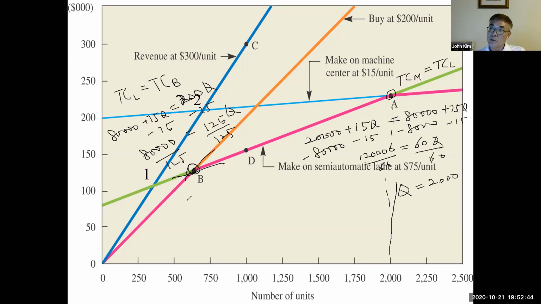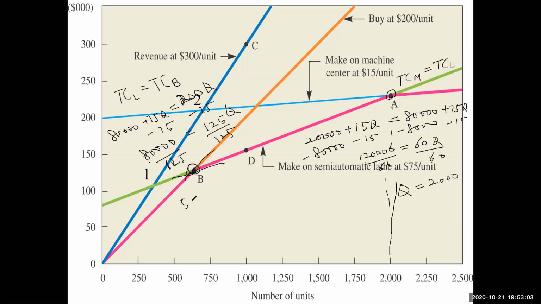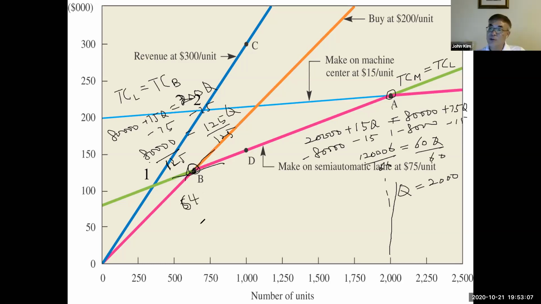I don't remember, maybe 540, 560. Can you get the number? 80,000 divided by 125. 640. Yeah. Thank you. So this point is on 640.